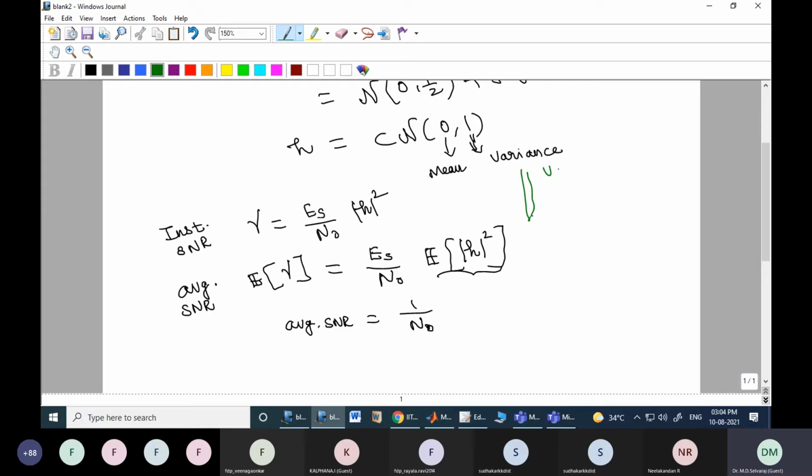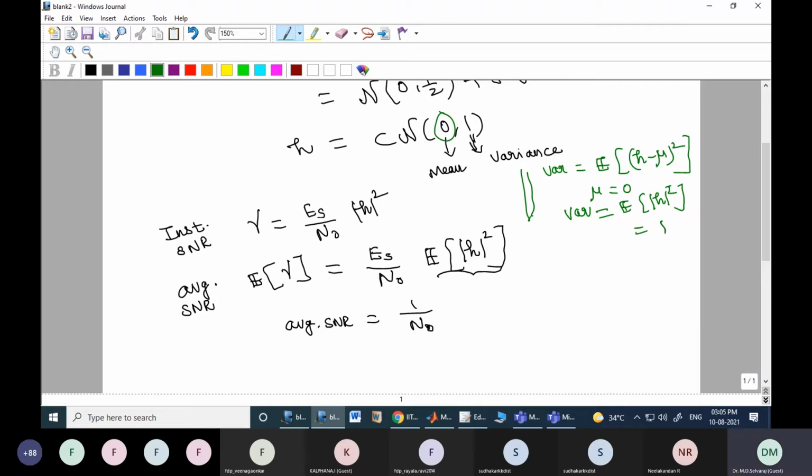What is variance? The variance definition is expectation of H minus mu, whole square. This is the definition of the variance, right? When the mean is equal to 0, as in this case, variance is equal to expectation of H square. What is the variance of this H?